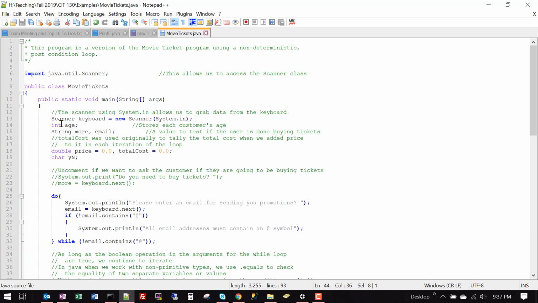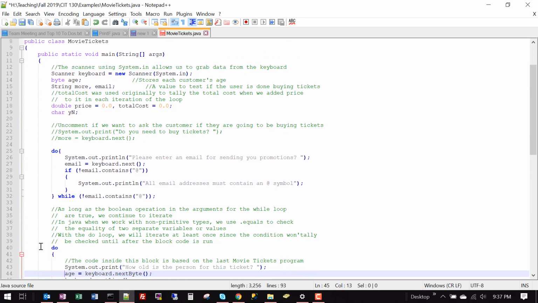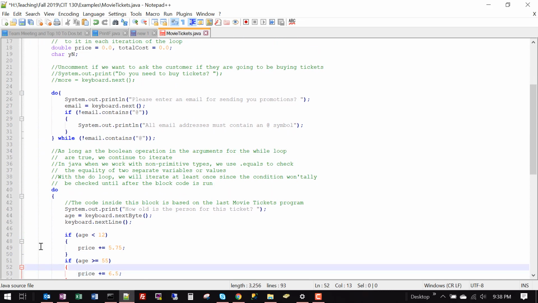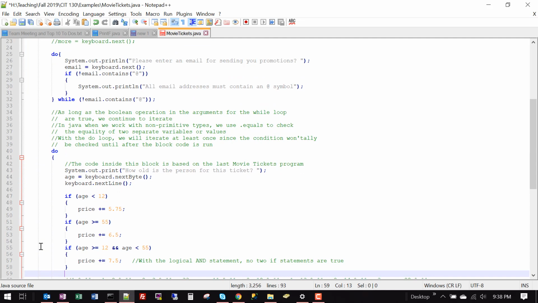If instead of doing it that way, and I still wanted to leverage that idea that a byte can only go to 128, and I make the variable a byte, but down here I had left this as next int, then I can save it, and we'll see we have a problem.